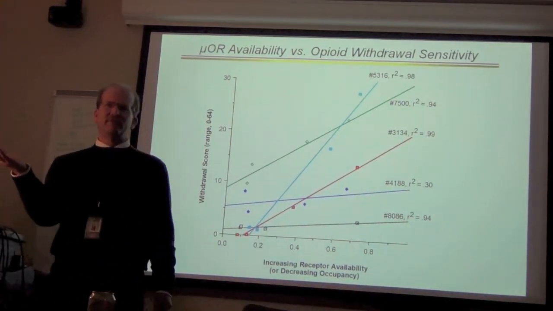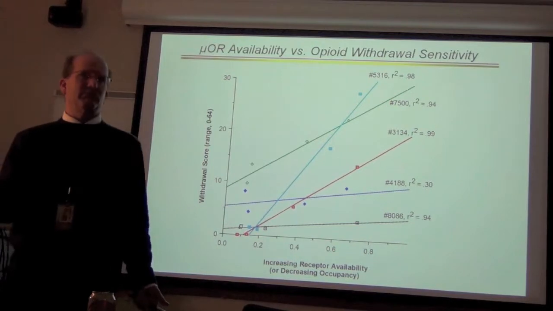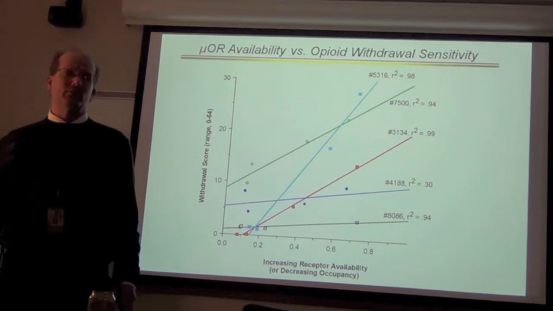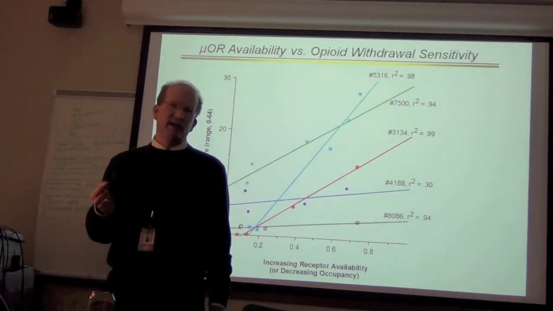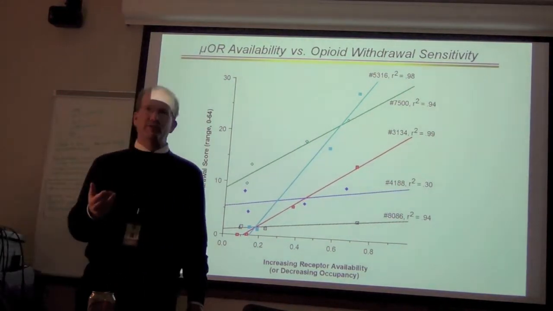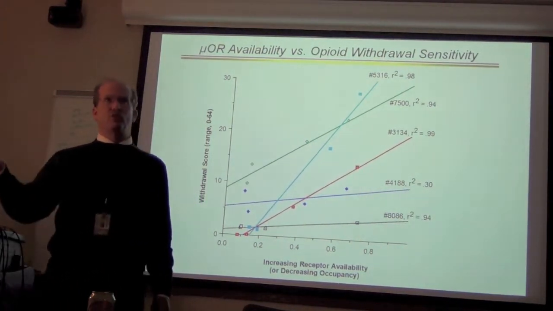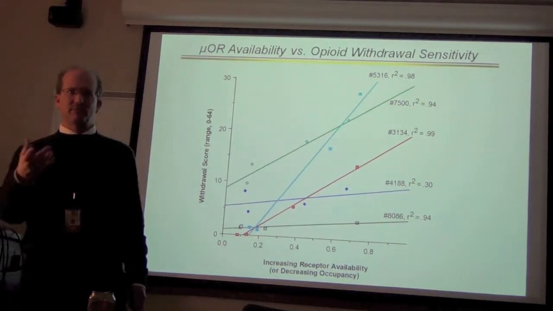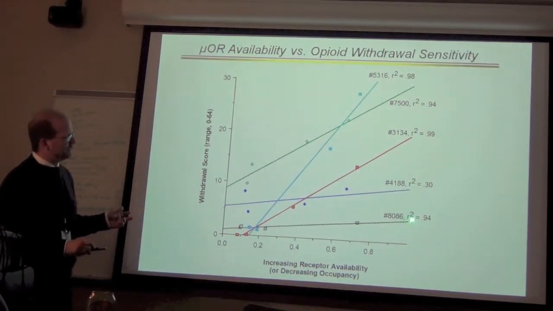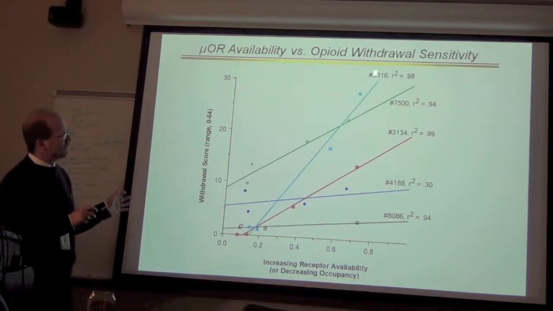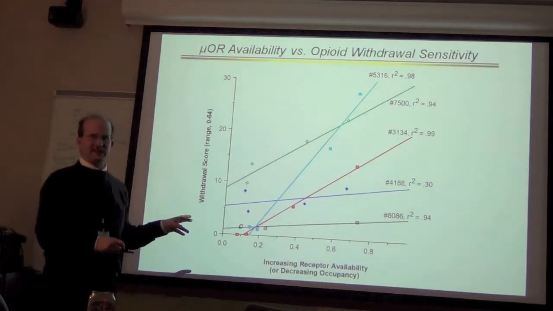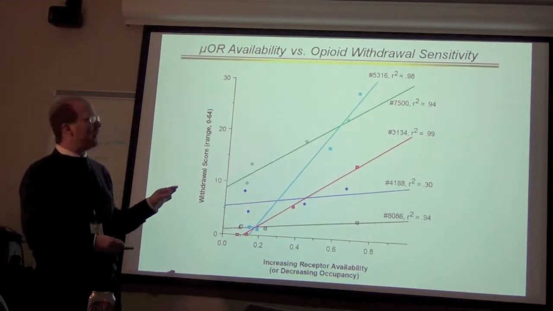Now, what does receptor availability relate to clinically? Well, we looked at a couple of symptom items that we thought were pretty good candidates. And it turns out that at the individual subject level, the best correlate of receptor availability is the total withdrawal score. So in these 5 subjects here, these are the raw Bmax over KD values from the PET scan.